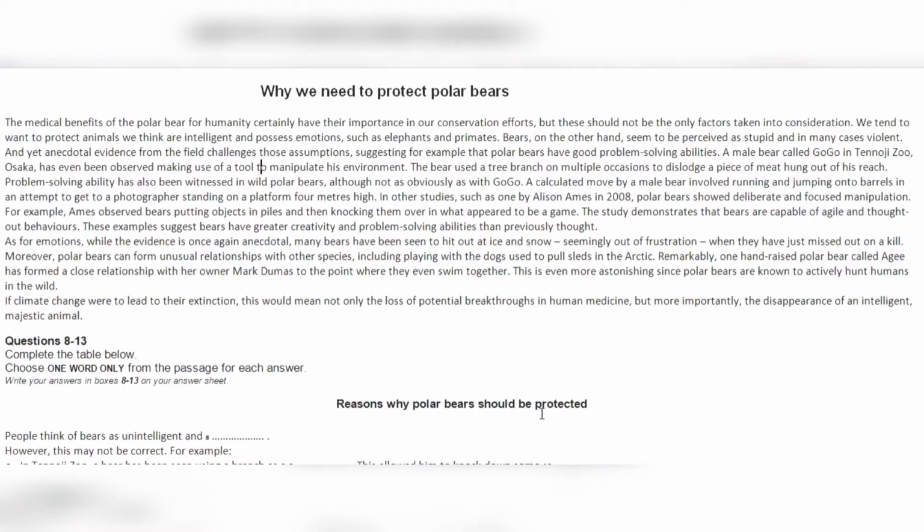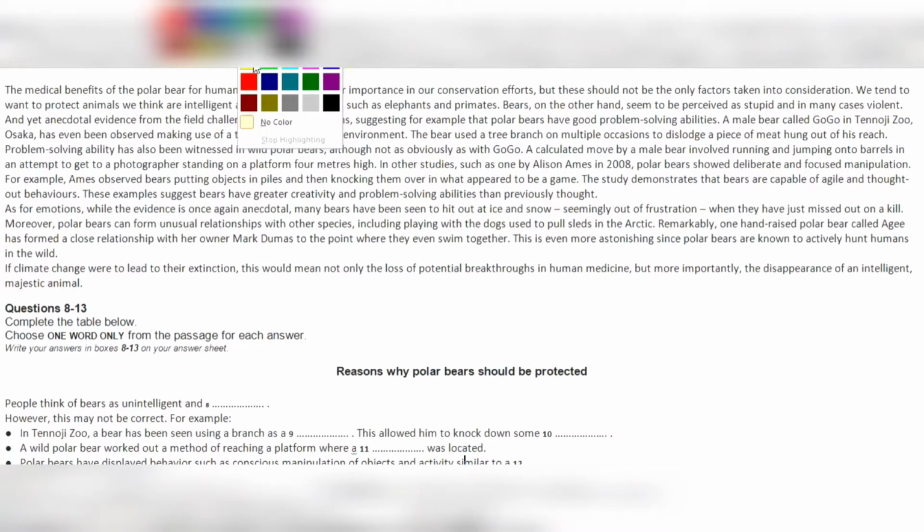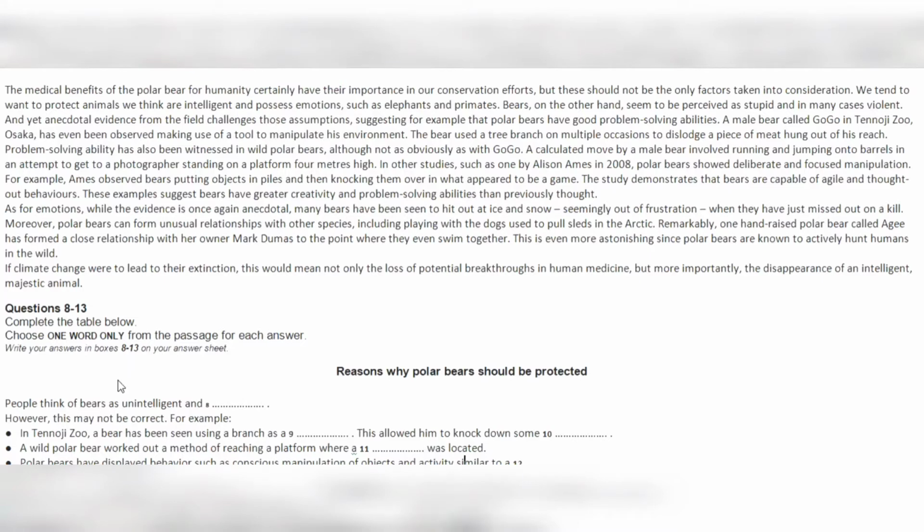The next part is the reasons why polar bears should be protected. We read the first question: people think of bears as unintelligent and dash. We find the synonyms of these words in the passage.